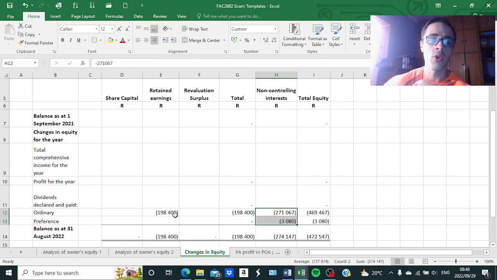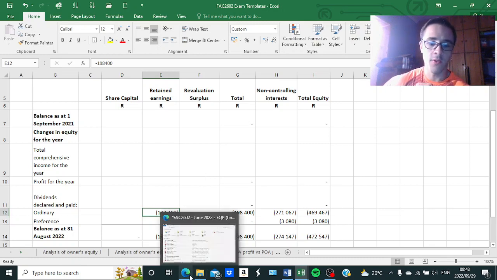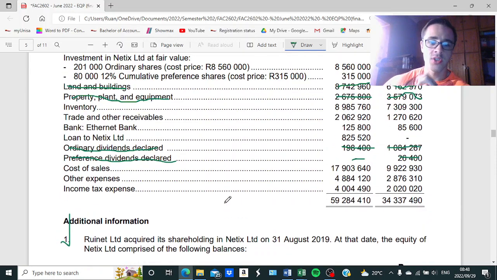With regards to the ordinary dividends, you need to include the full amount paid by the parent, as 100% of the parent's items are included in the consolidated financial statements, and that amounted to 198,400. Also remember that dividends are not expense items.